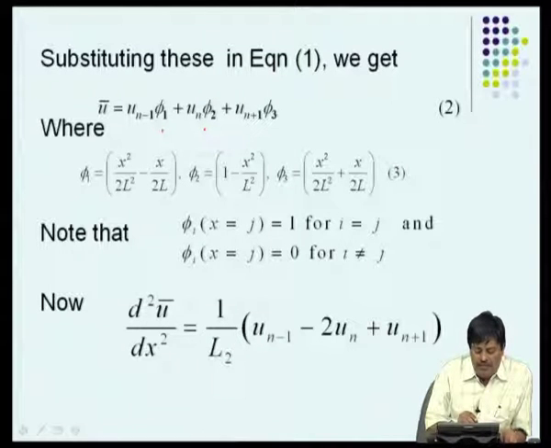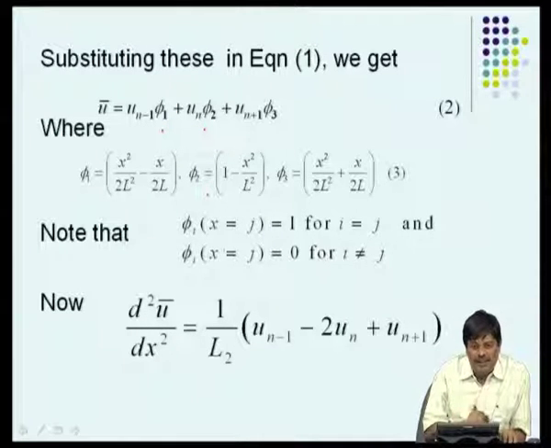When we substitute x equal to minus L, we see that phi 2 and phi 3 go to 0, but phi 1 exists, which is equal to 1. When x equal to 0, phi 1 and phi 3 are 0, phi 2 is equal to 1. And when x equal to L, phi 1 and phi 2 are 0 and phi 3 is equal to 1.